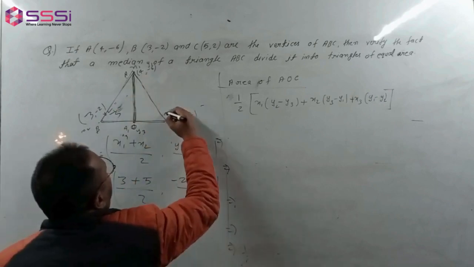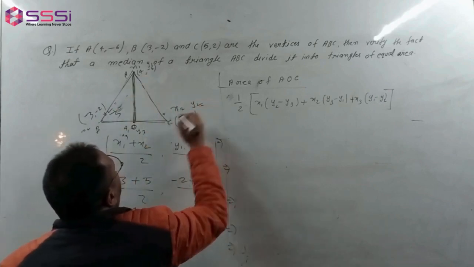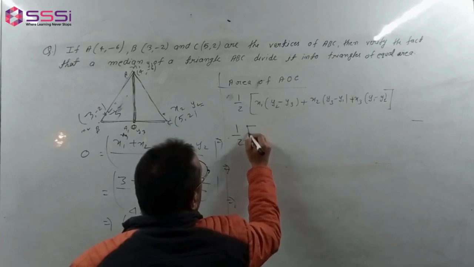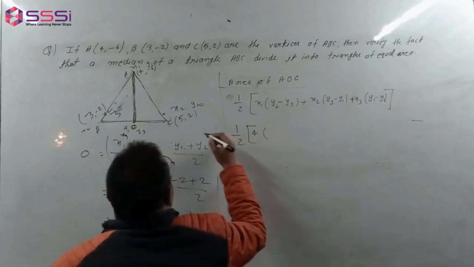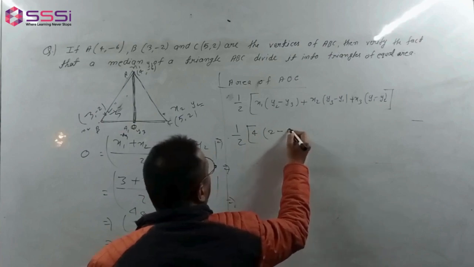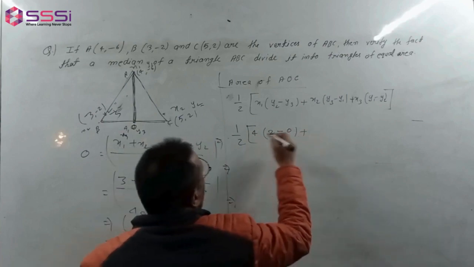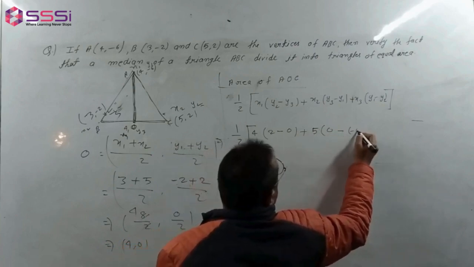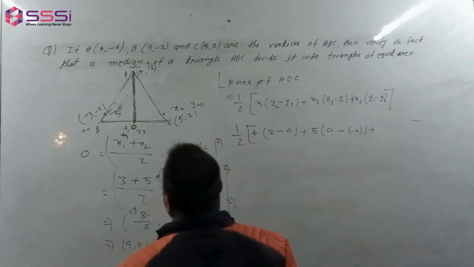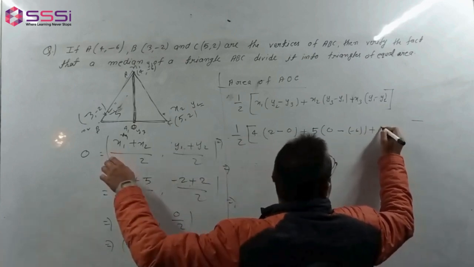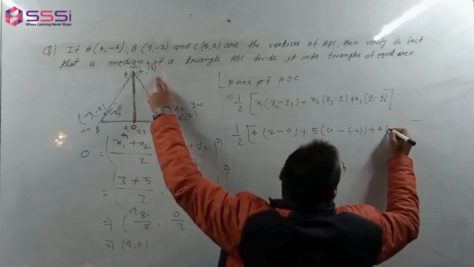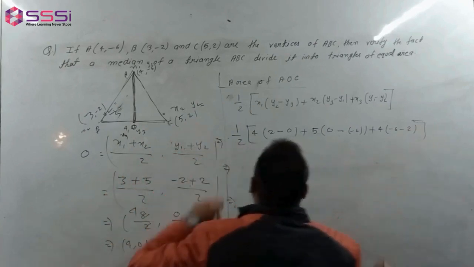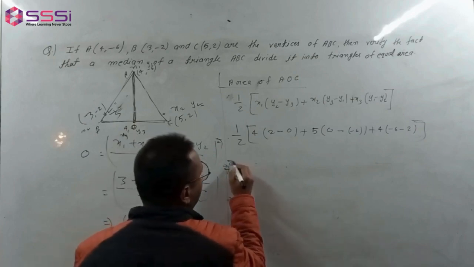This is (x1, y1), (x2, y2) and (x3, y3). 1 by 2, x1 is 4, y2 is 2 minus y3 is 0, plus x2 is 5, y3 is 0 minus y1 is -6, plus x3 is 4 and y1 is -6 minus y2 is 2, and solve it.